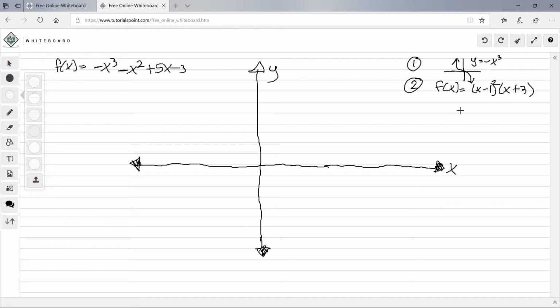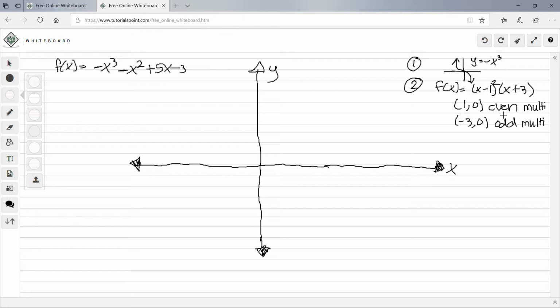So our x-intercept was 1, 0, and it has an even multiplicity. And then our other x-intercept is -3, 0, and that was an odd multiplicity.